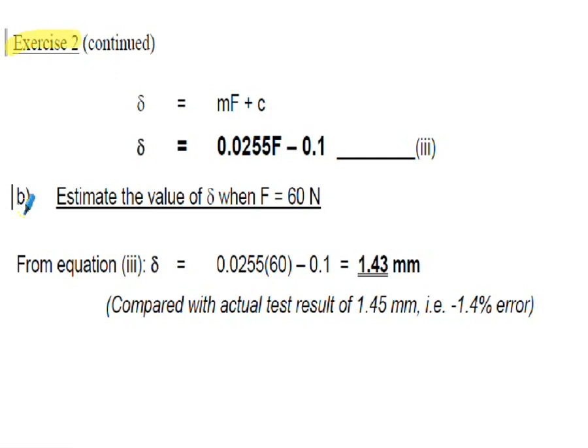Exercise 2 continued. This is part B, where we're using the equation from the previous page, and we're putting the value, in this case, of 60 newtons to work out the value of the extension. This compares reasonably well with the actual value if you look at the information given to us.